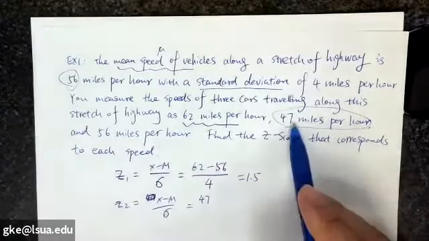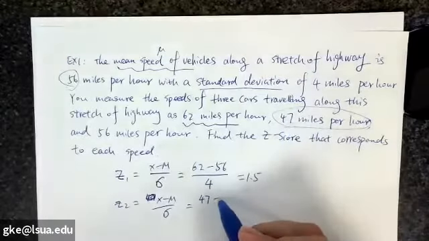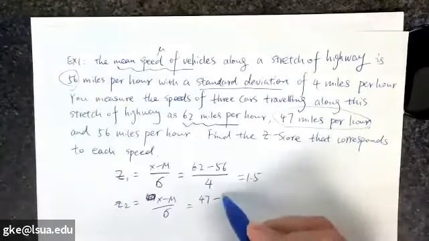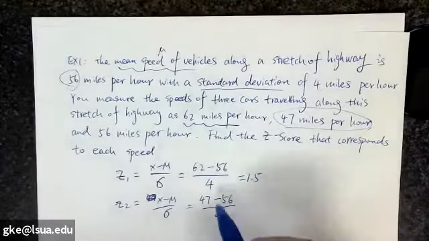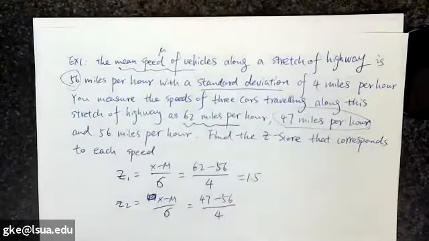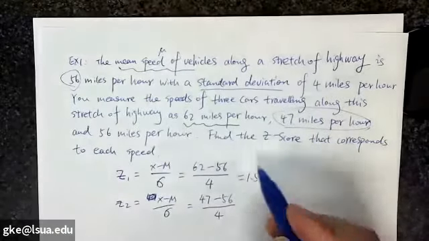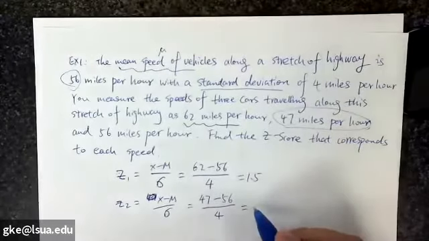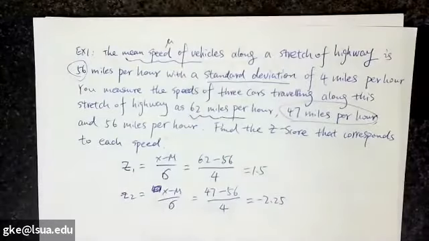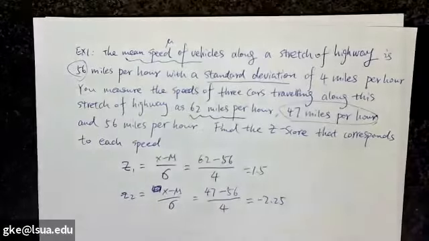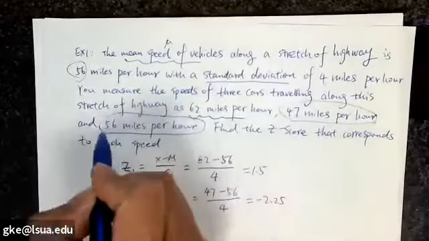X is 47, subtract mu, which is 56, divided by sigma, which is 4. And you can use your calculator. You're going to get negative 2.25. So for the z-score, you can get a negative value. It's not necessarily always positive.